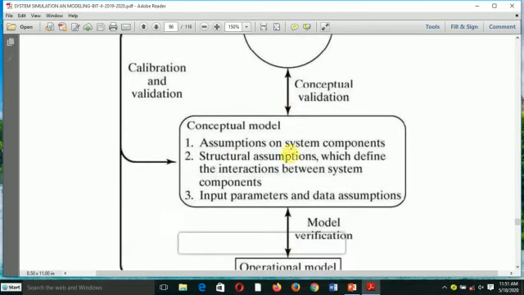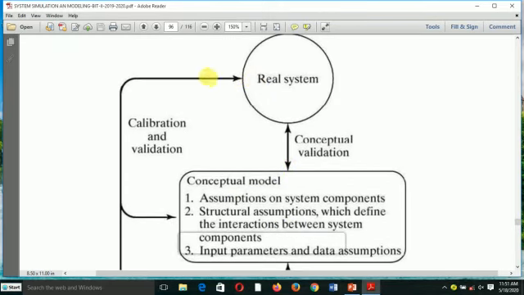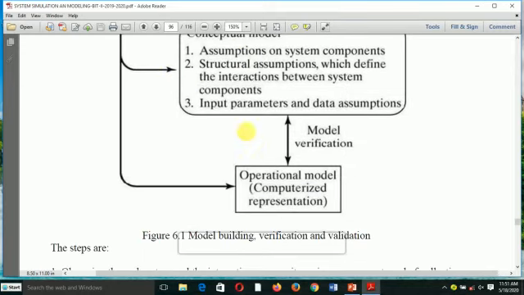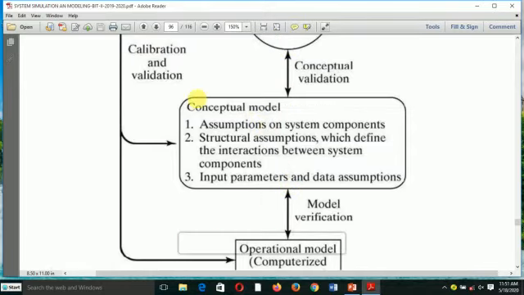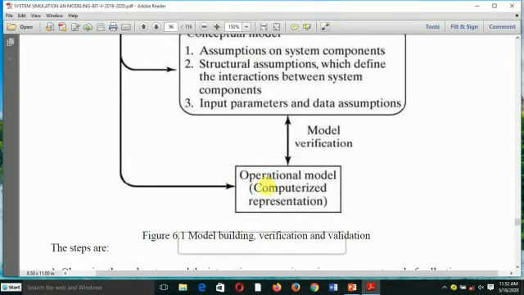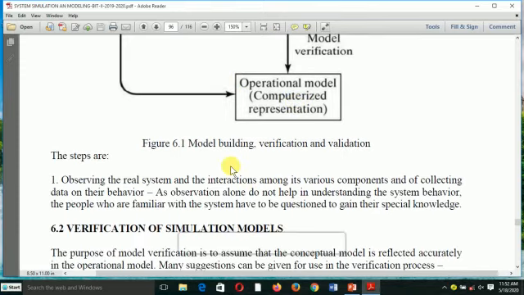As you can see, the real system observation and the conceptual model will always work in parallel, by comparing the conceptual model to the operational model, which is the simulation, or what is going on inside your computer.